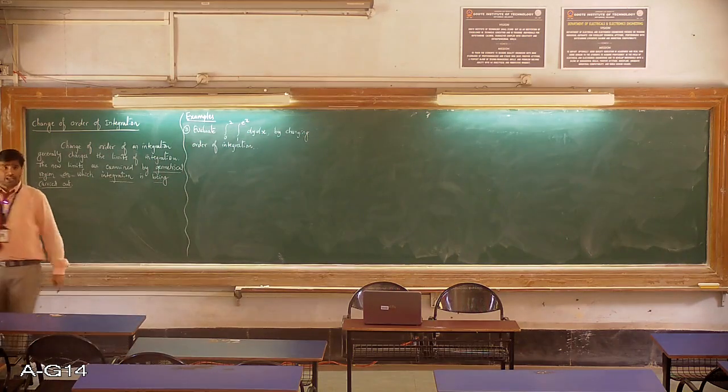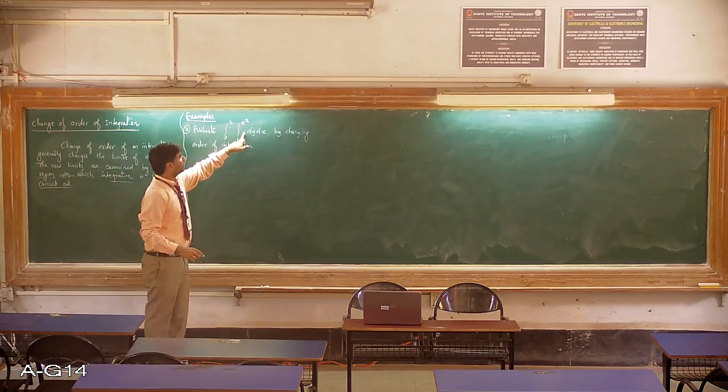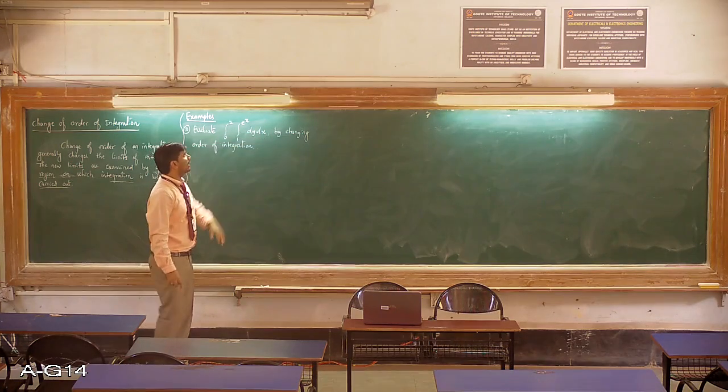Okay, so now for this particular example, you can see here there is no function. That means what? If there is no function, it is 1. Nothing to worry about, one can very easily do this kind of example.